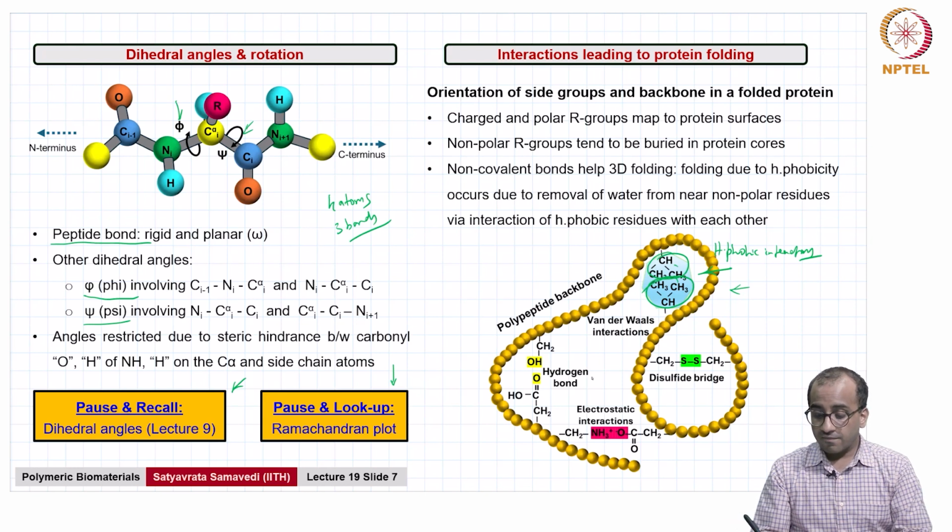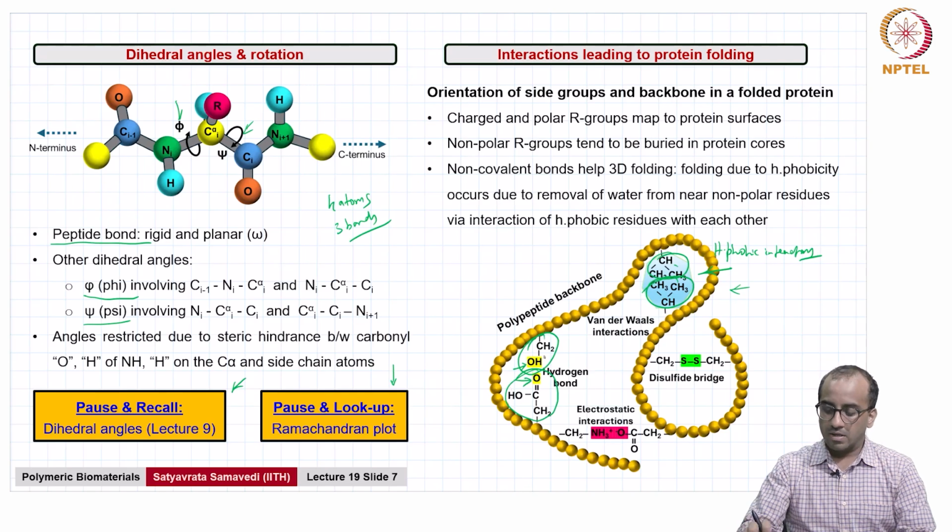You can also have hydrogen bond formation between a residue here and a residue here. Now, I will leave it as an exercise to you to go back and look up amino acid sequences and see what kind of amino acids could have this kind of R group that sticks out. It is an interesting exercise that I will leave for you to look at.